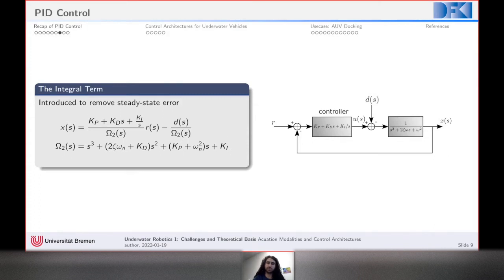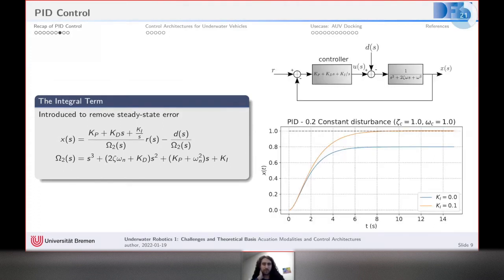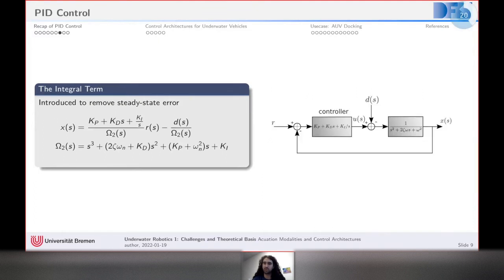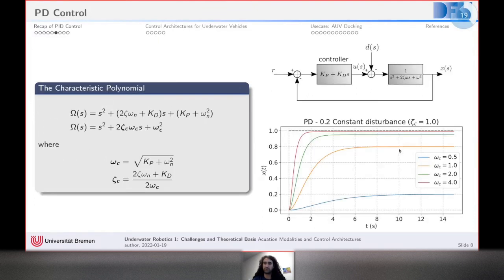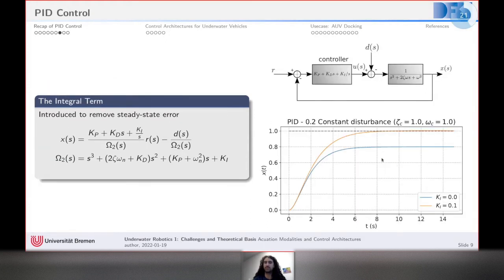Let's see what this does. Here's a ki of 0, and my damping ratio is 1 and the frequency is also 1, which was before this yellow plot here, right? So we had an error. And now, if I just add a bit of integral value, I'm taking all these errors along when I start here all the way up to here.